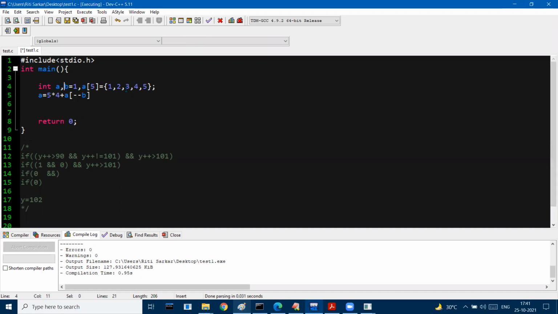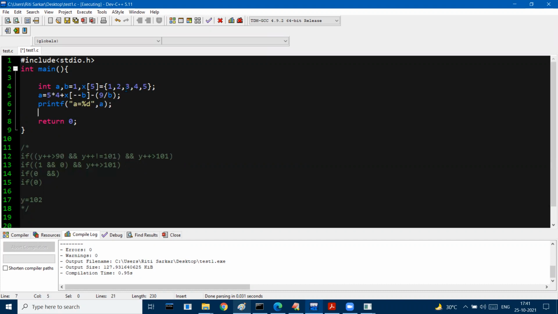Achha, here I have already taken a, so let me take it as X. X = 5 * 4 + A[--b] - 9 / b. Finally, I'm printing that value. printf("a = %d").